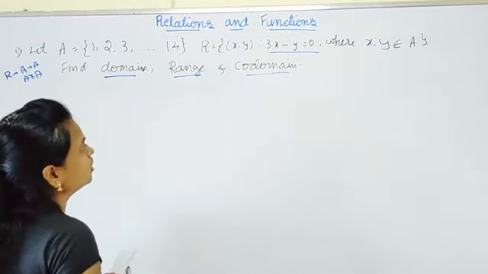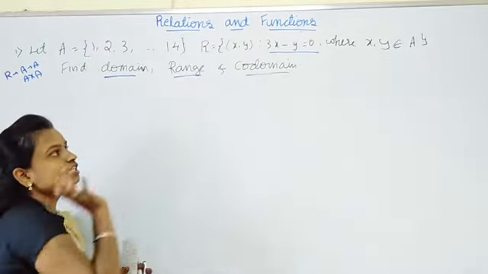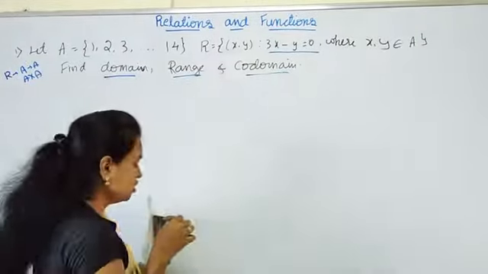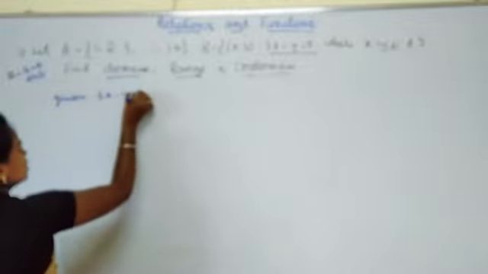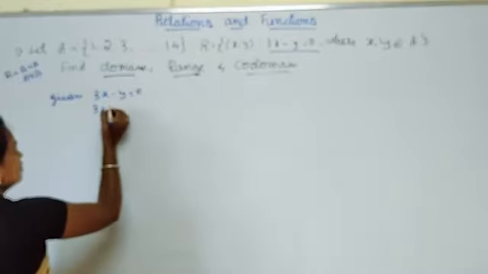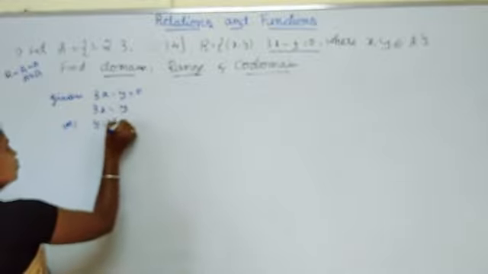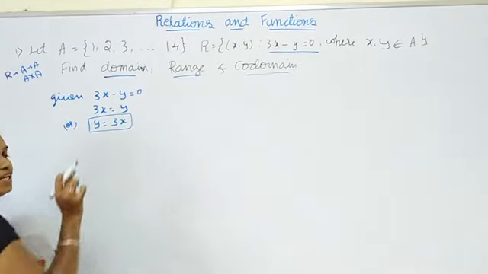So what is the given relation? 3x − y = 0. For this type of problem, first you have to consider this condition. Simplify this one: 3x, shift y to the other side, and it can be written as y = 3x. This is the relationship between the first element and the second element.